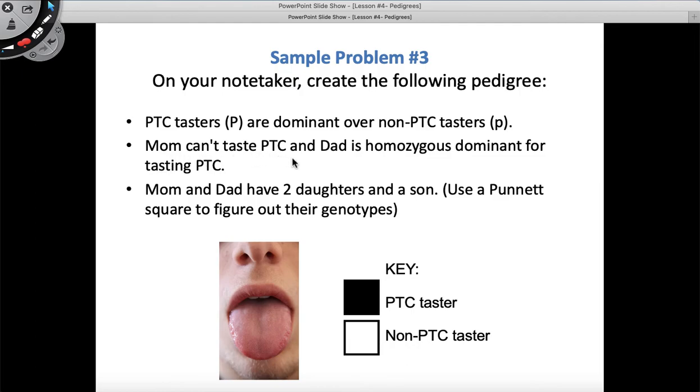Mom can't taste PTC, and dad is homozygous dominant for tasting PTC. Mom and dad have 2 daughters and a son. Use a Punnett square to figure out their genotypes. And here is the key, the PTC taster and the non-PTC taster. So pause the video and work out sample problem number 3.